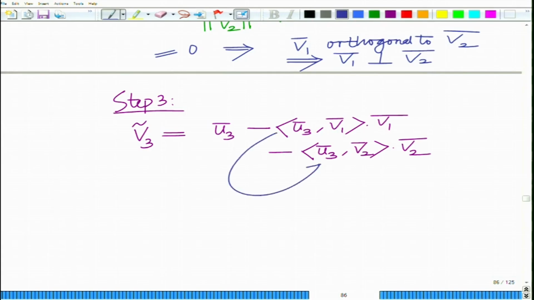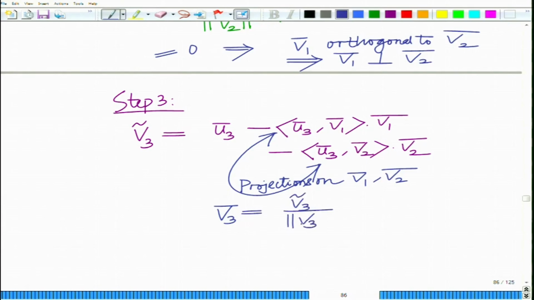So these are basically projections on V1 bar comma V2 bar, and these are being subtracted, and now we create a unit norm vector by V3 bar equals V3 tilde divided by norm V3 tilde. So this creates a unit norm vector.